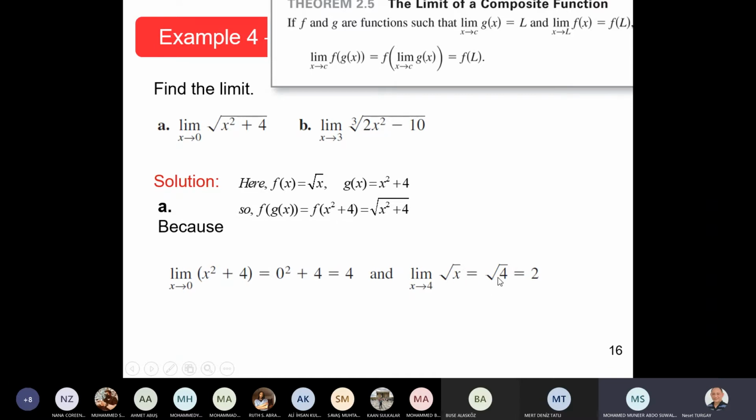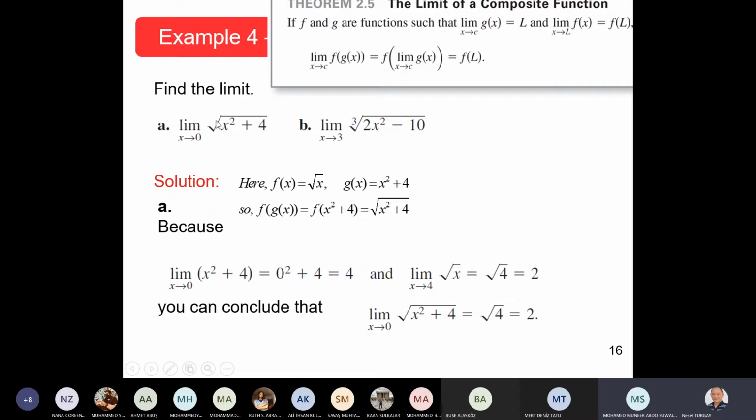And it equals 2. Now what is happening from the theorem? From the theorem, this limit equals f of L, which is 2. So from the theorem, we can say this limit works like that, but it's quite a long story.